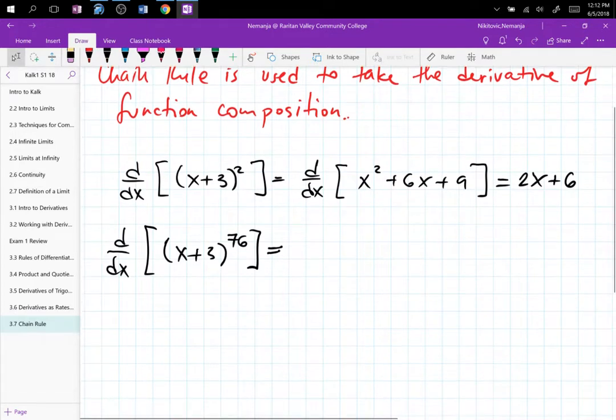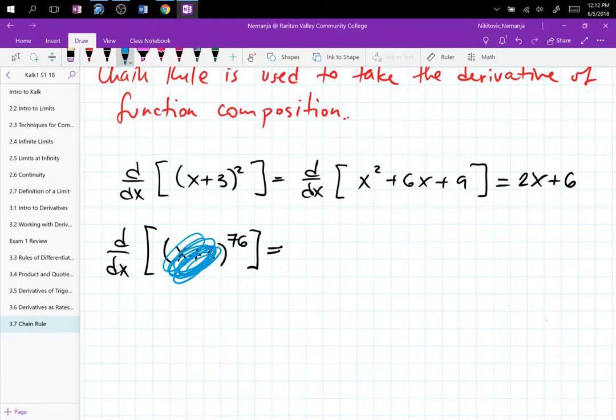Well, the initial thought should be, if all of this over here was just one thing, then I would be able to take the derivative of it. So in my mind's eye, I'm going to make that thing one thing, and then say, well, this is 76 times, and then power of 75.